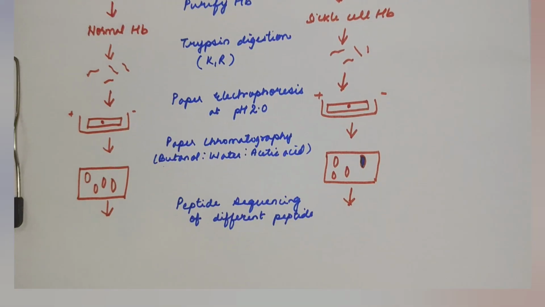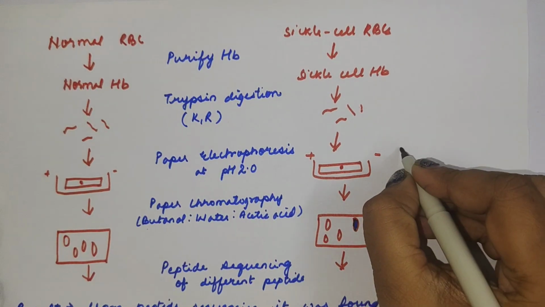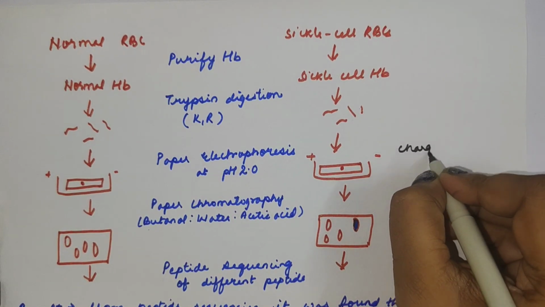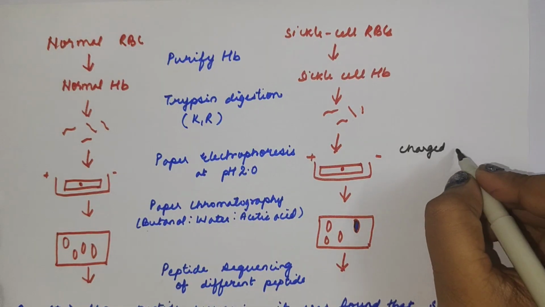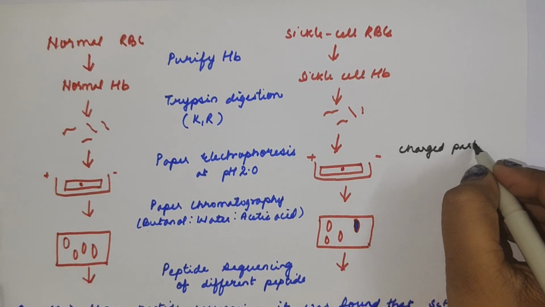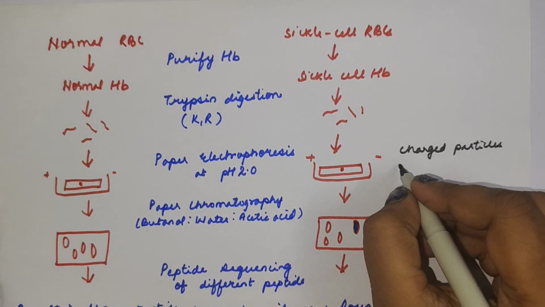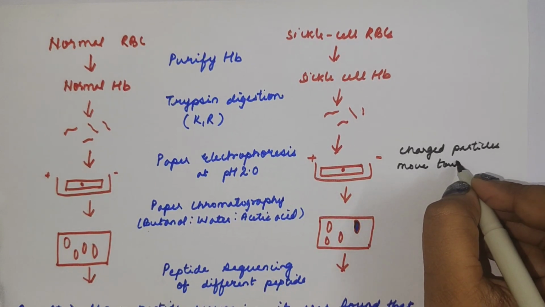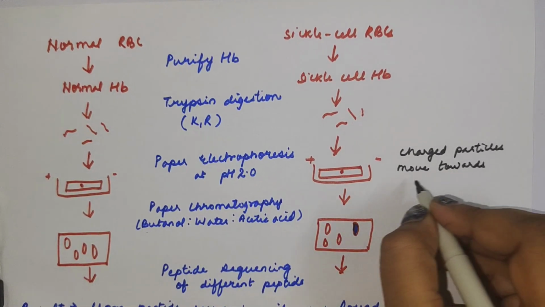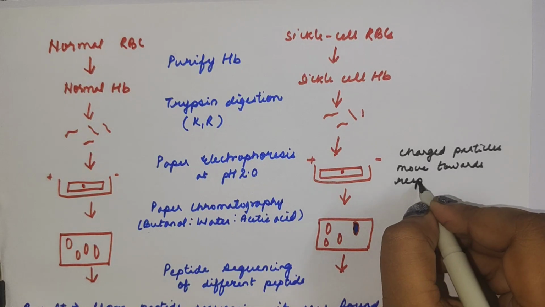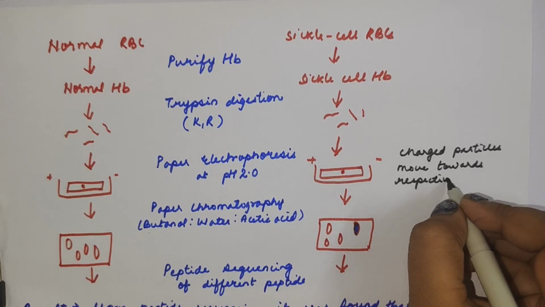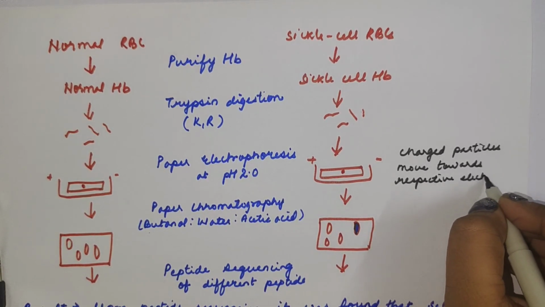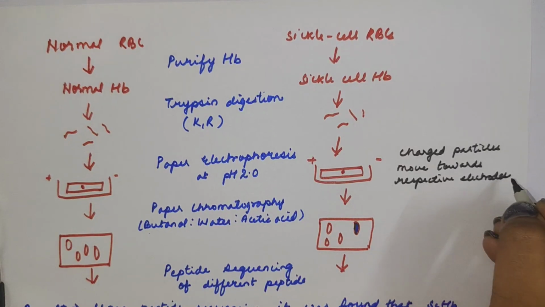Now, in paper chromatography, the principle which is used is the partition coefficient of the peptides, where the more hydrophobic peptides will move farther on the paper. It means the peptides which are more hydrophobic will move away from the solvent system.